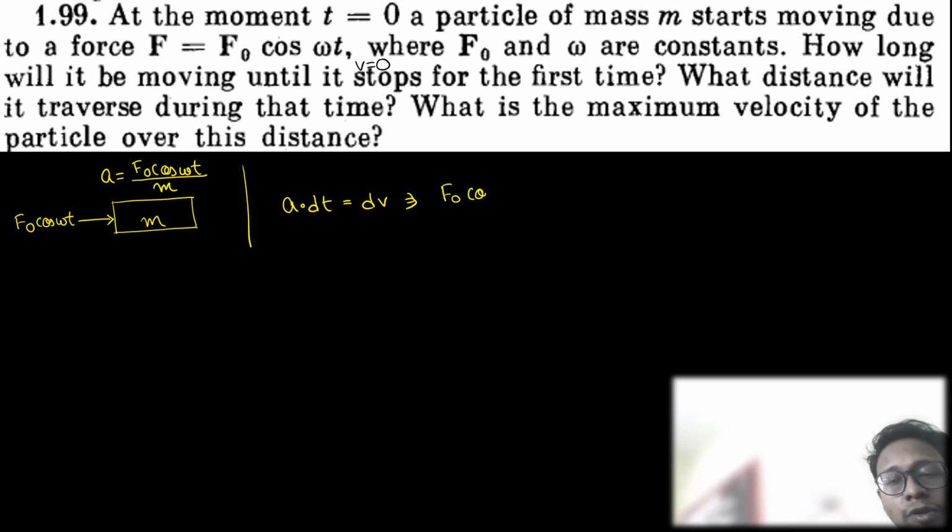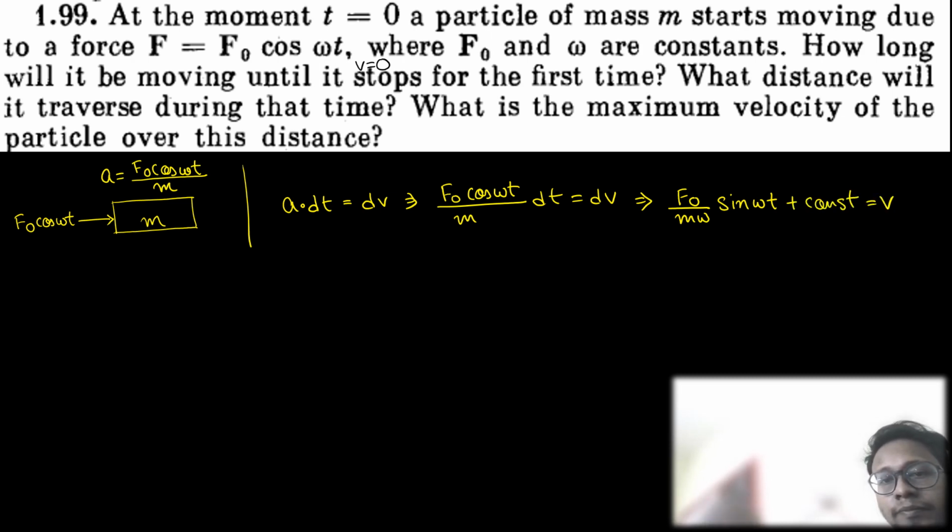F naught cos omega t by m into dt is equal to dv. If I solve this integral, it would be F naught by m omega into sine omega t plus some constant is equal to v.